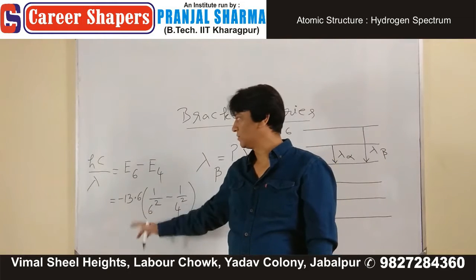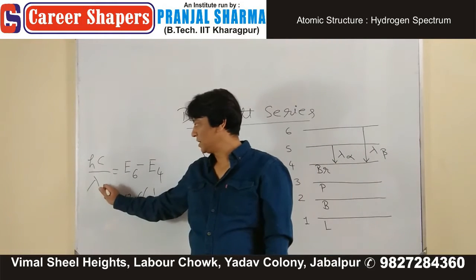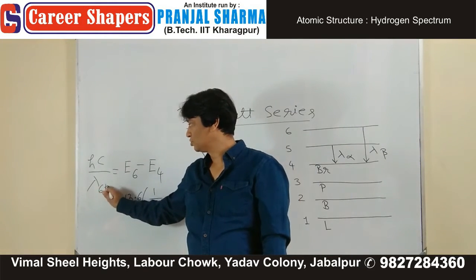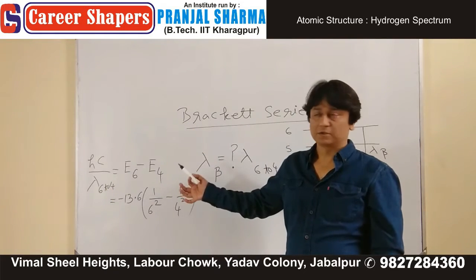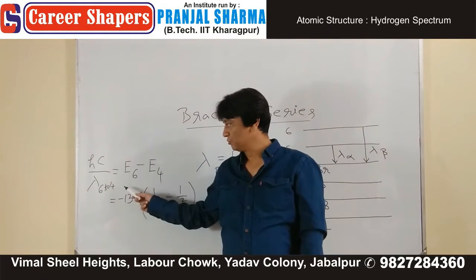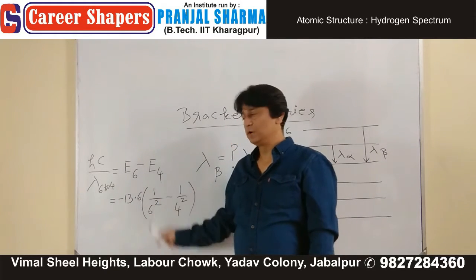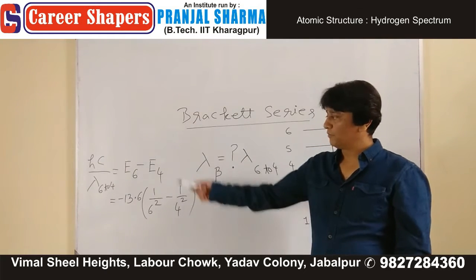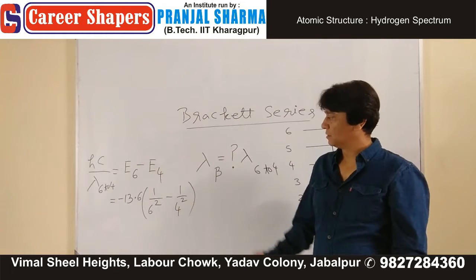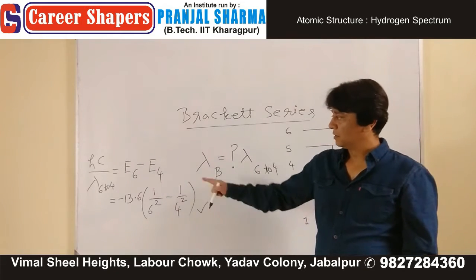If you can write like this, that this lambda is 6 to 4. Follow this sequence 6 to 4, 6 minus 4, 6 square minus 4 square. And you have found the wavelength. Note down this.